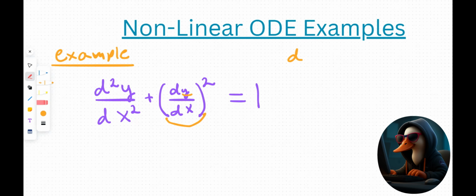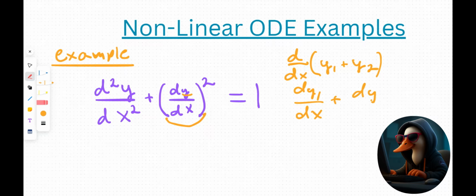Let's say I had two solutions, y sub 1 and y sub 2, then the derivative with respect to x of y1 plus y2 is just dy1 dx plus dy2 dx. So derivatives are linear operators.